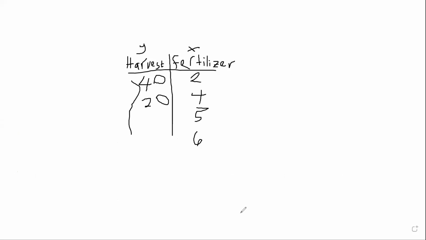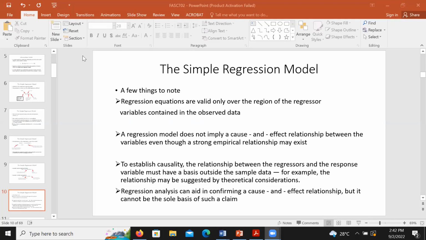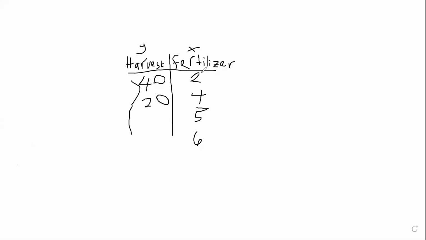Okay. Let me read the slides again. Regression equations are valid only over the region of the regressor variables contained in the observed data. So this is something you should take note of. Look, you see that the regressors are 2, 4, 5, and 6.